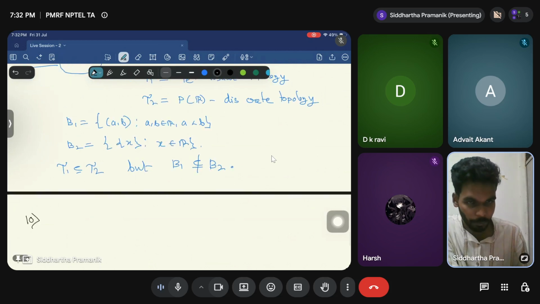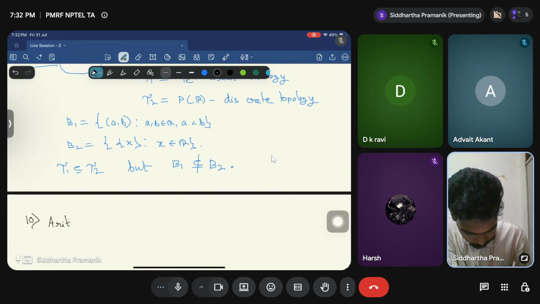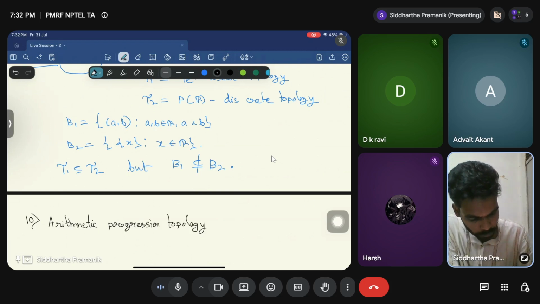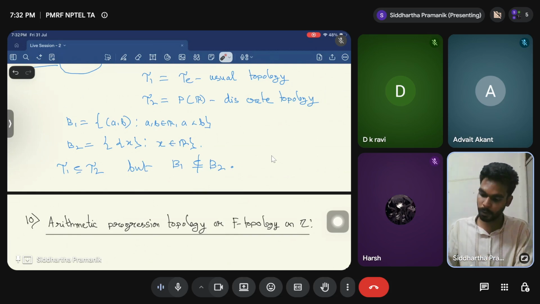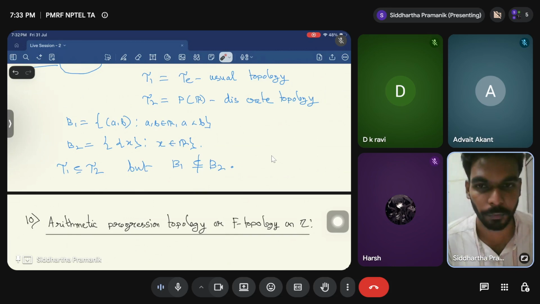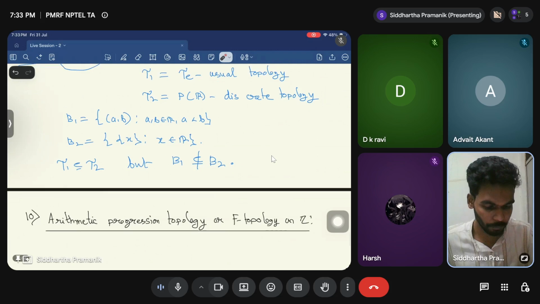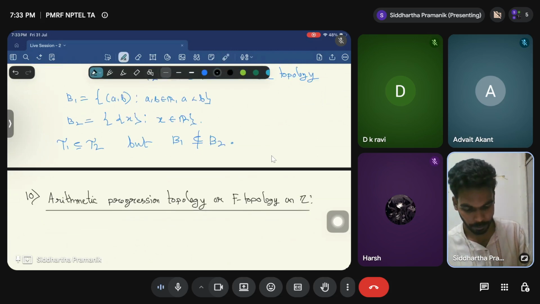This is known as the arithmetic progression topology on Z. It comes from Furstenberg, who used this topology to give an interesting proof of the well-known result of the infinitude of primes. Maybe I will come to that later, but first let me define it.